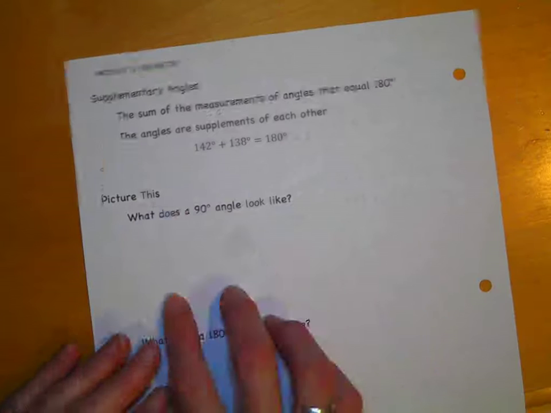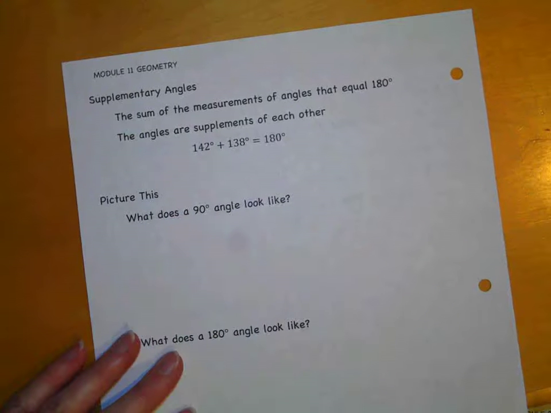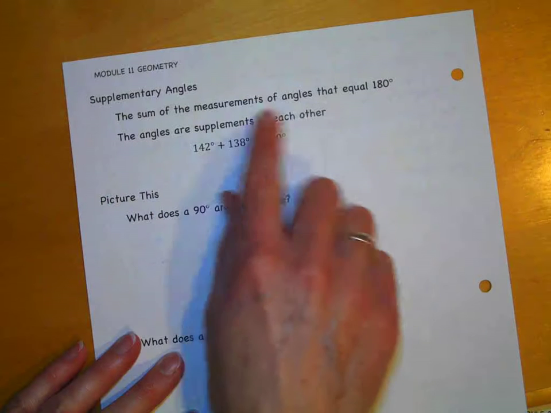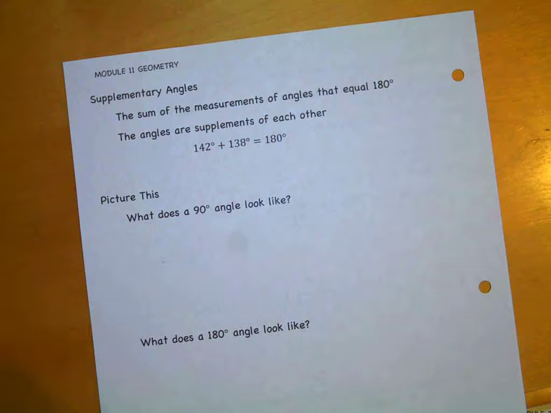The other angle that we need to talk about, or need to be aware of, is supplementary angles. Supplementary angles is where the sum of the measurement of the angles equals 180. Okay?